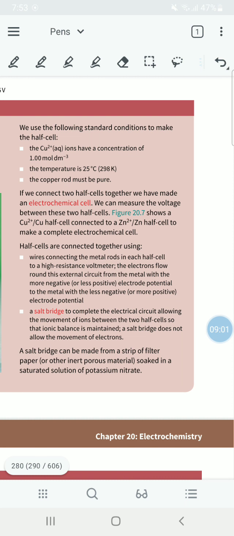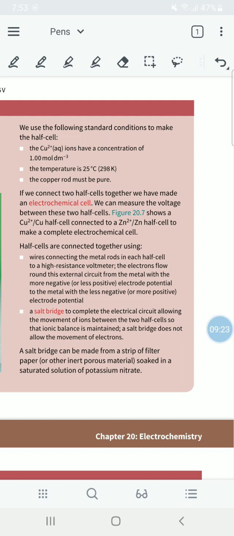We use these two half cells to produce the electrochemical cell, and there would be a voltage generated. This voltage can be measured. So these half cells are connected using a wire connecting the metal rod in the half cell to a high resistance voltmeter.